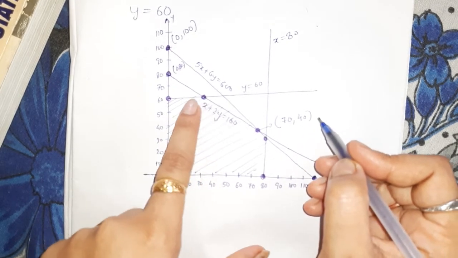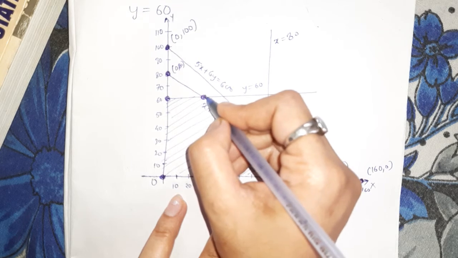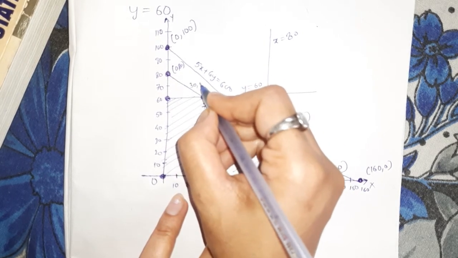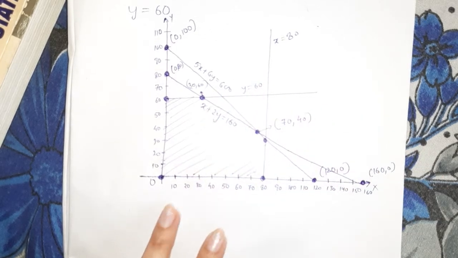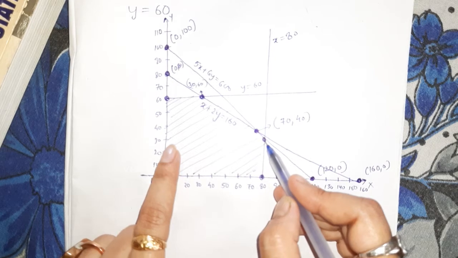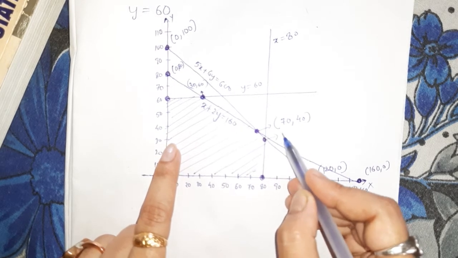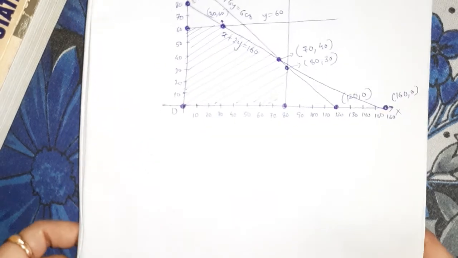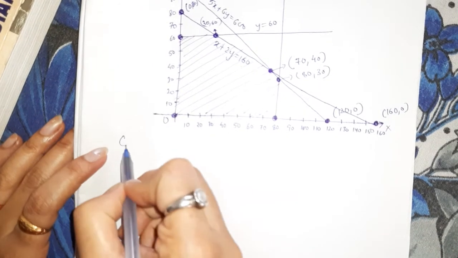This one is 30 and 60. And this one is 80 and 30. Right? So we get the corner points.